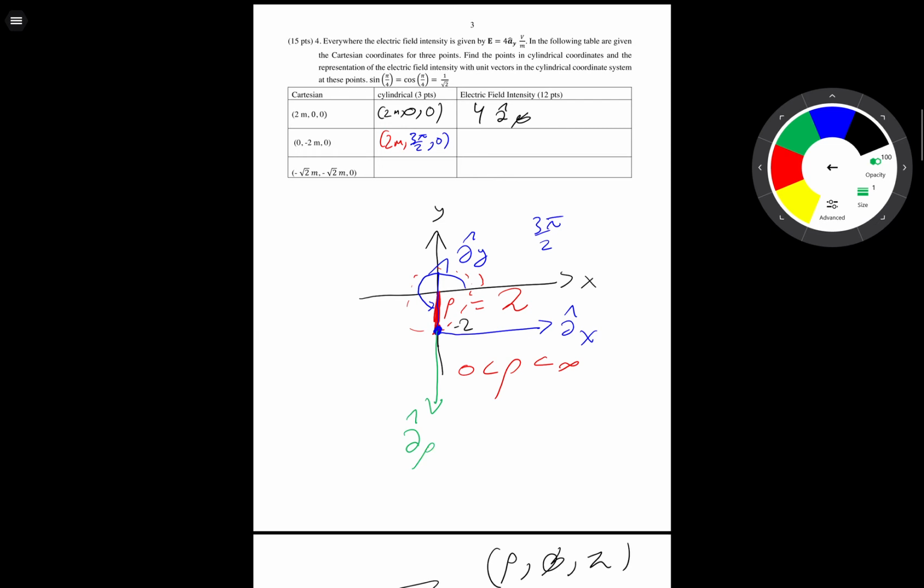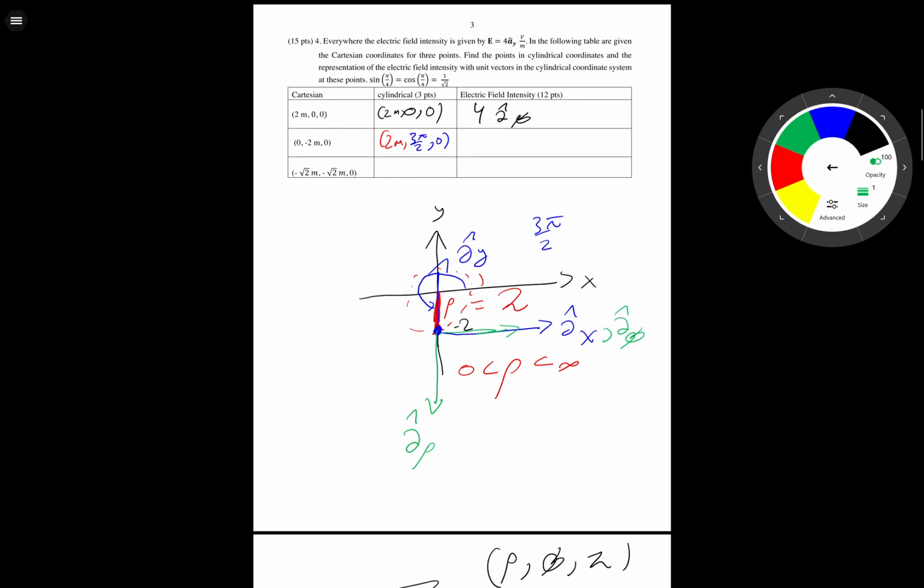And now we can look at phi. So we know that the unit vector for phi would be where phi is increasing. So if y is stopping over here, it would increase if it goes over here. So it's going to be in the same direction as our x component.